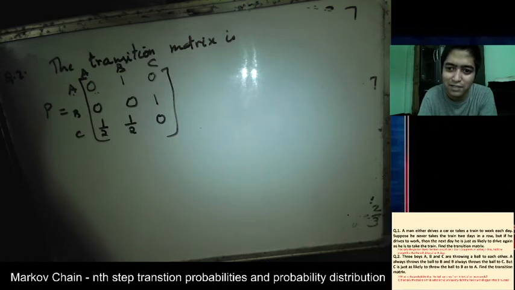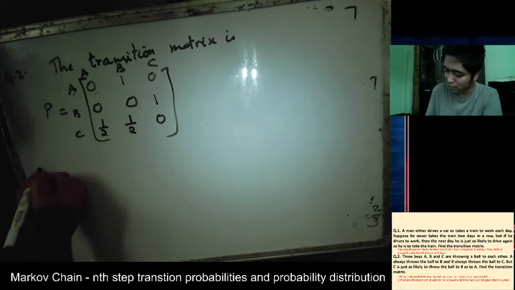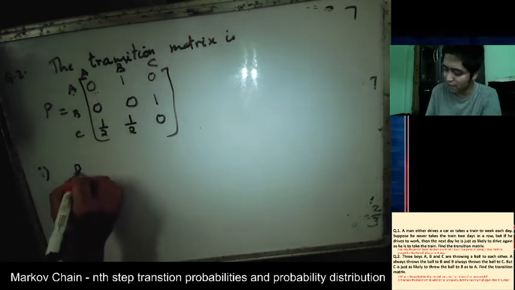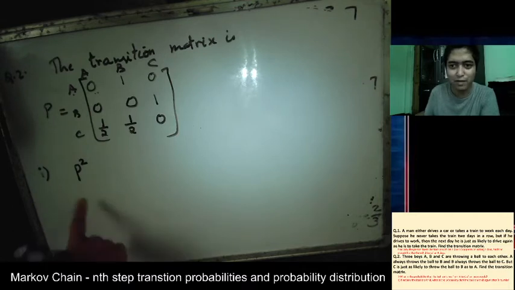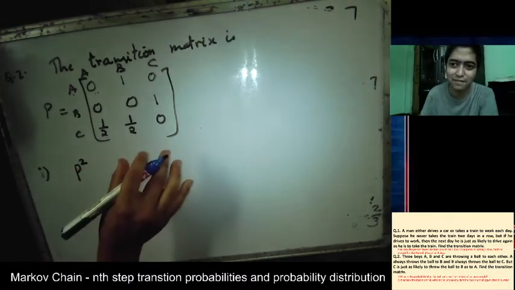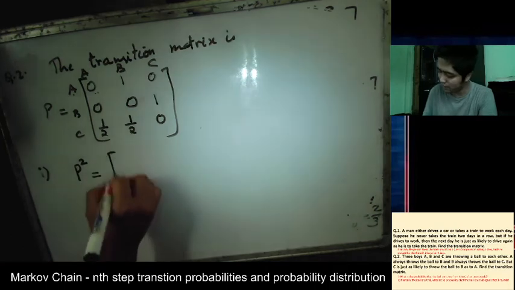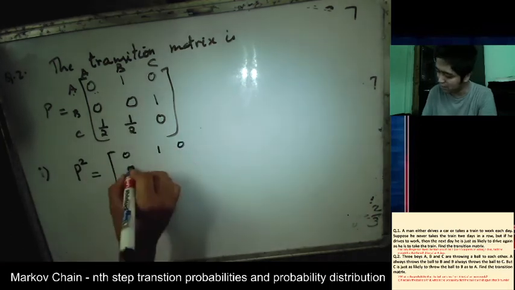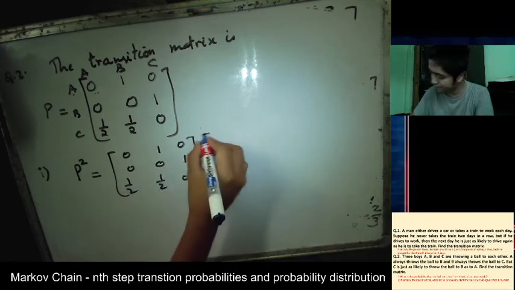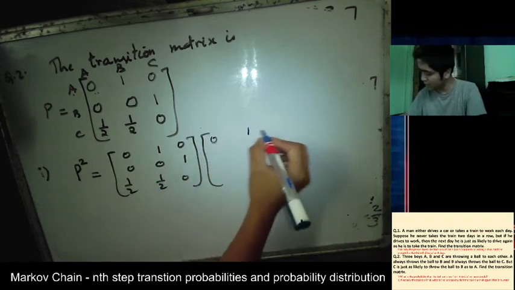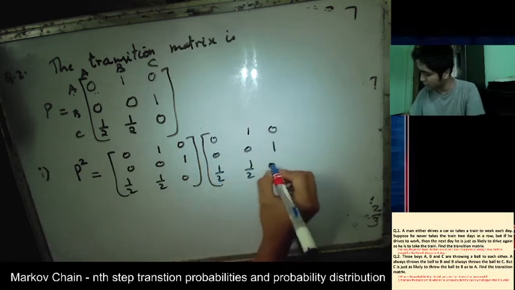This one is after 2 rounds, so we will need to find p squared, because that will give us the transition probability in 2 steps. So p squared will be 0, 1, 0, 0, 0, 1, 1 by 2, 1 by 2, 0, multiplied out.